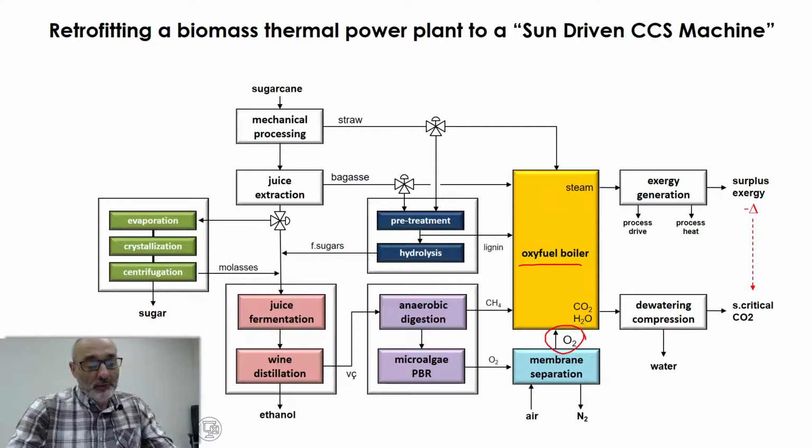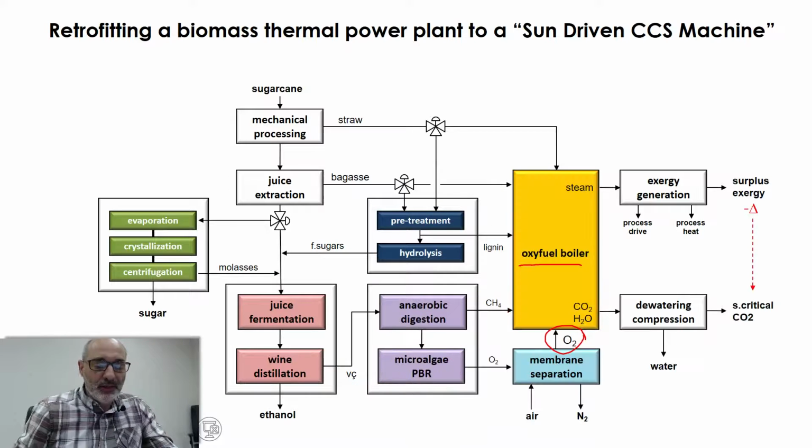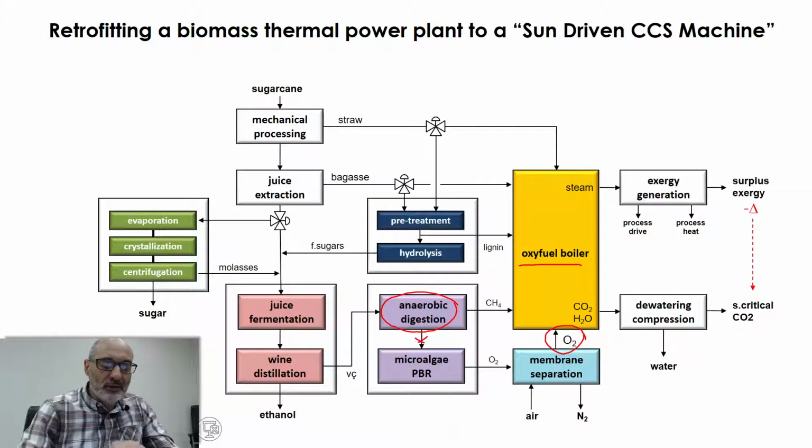Well, let's see this in detail. So you need O2. Remember, I'm going back one slide. We were processing through anaerobic digestion, then scrubbing. You can change that because if you know that you produce O2, you can still digest that. And the remaining liquid, which were, if you remember, fertilizers, you can use to produce microalgae.